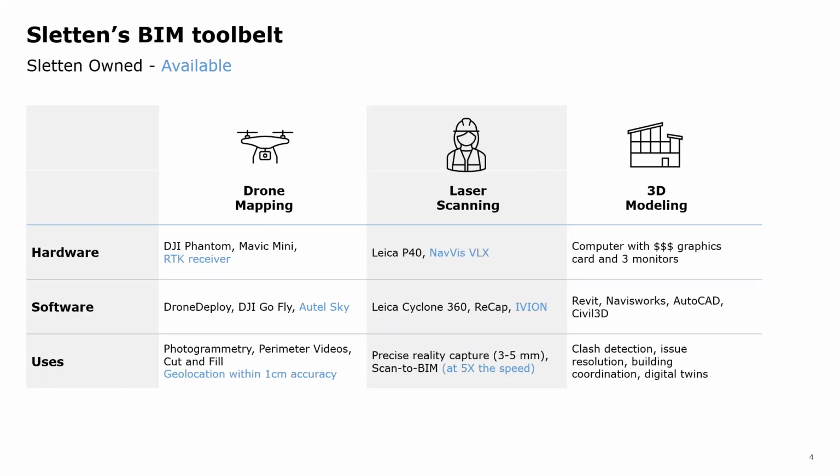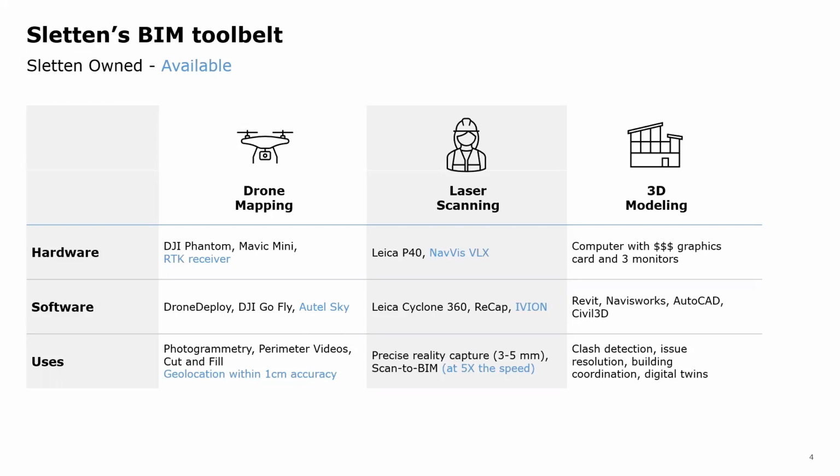Laser scanning is another very useful tool, and we have our Leica P40. I don't know that a lot of people appreciate that we have a P-series Leica. That is a very expensive, state-of-the-art type of laser scanner. It's an awesome tool that, since I've been here, the industrial division has used, but I'm happy to help any projects that need a laser scan.